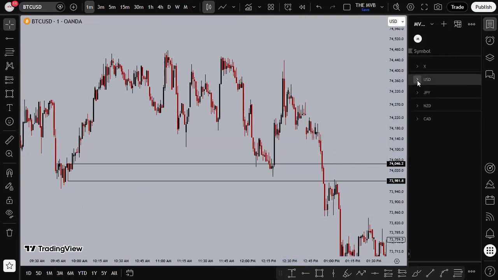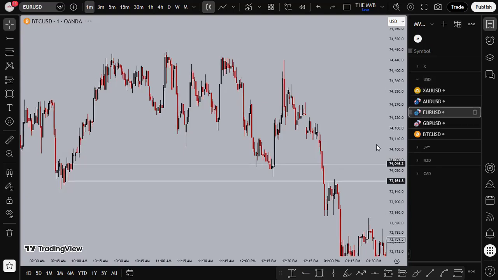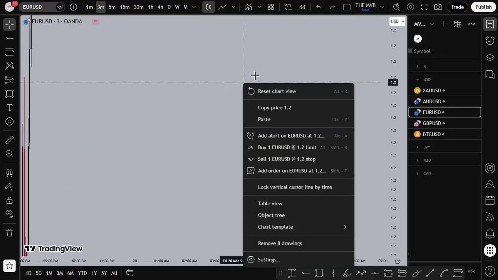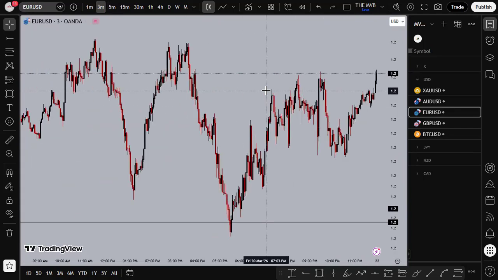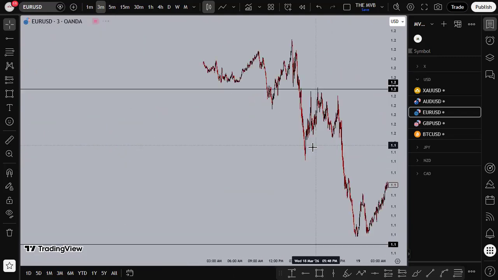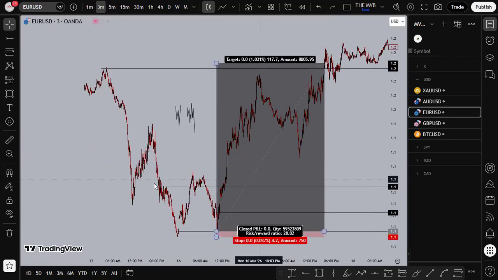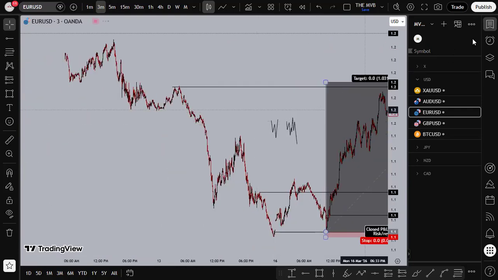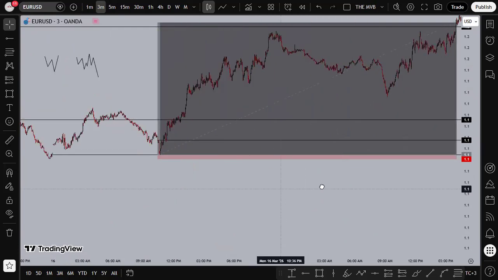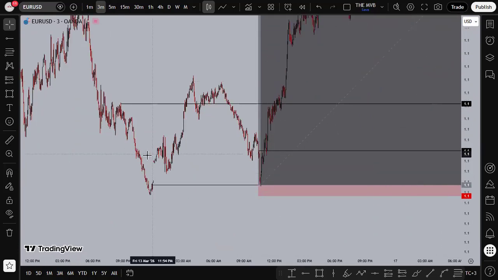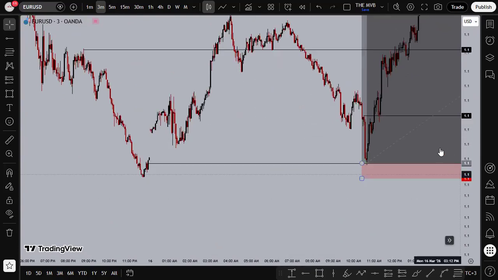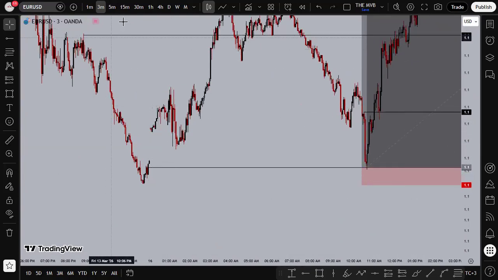Another trade was in Euro USD. Actually, this one was the first entry of the week, and it was a sniper entry. It was a very good trade, actually. This one here. You see, we had our change of character in the 15 minutes.